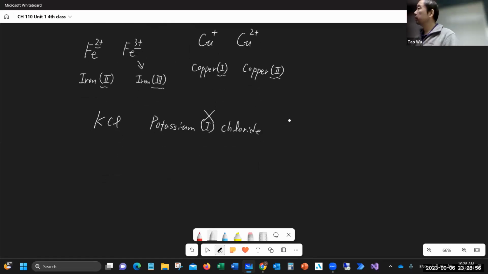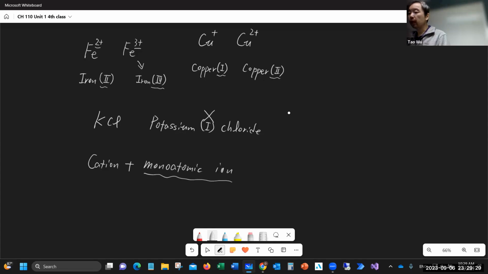Then let's talk about the anion. The anion could be different options. For example, we have a cation. The cation could combine with a monoatomic ion. The name of the monoatomic ion always ends with something-ide.